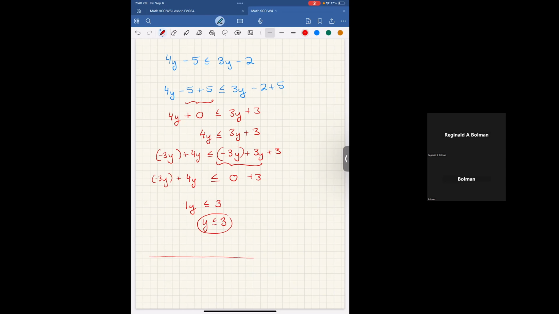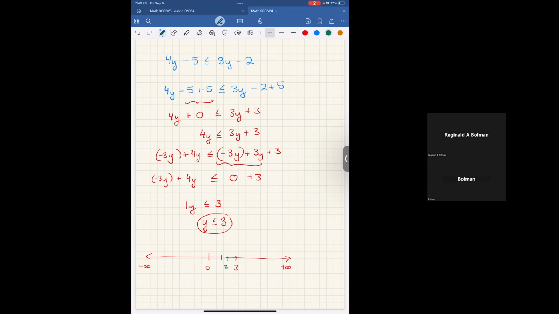If we view this situation on a number line, we're going to have a number line that goes from negative infinity to positive infinity. Somewhere on the number line, there will be the number 0. To the right of 0, 3 will exist somewhere. What this statement is saying to us is that y can be any value as long as it's less than 3, or equal to 3 for that matter.